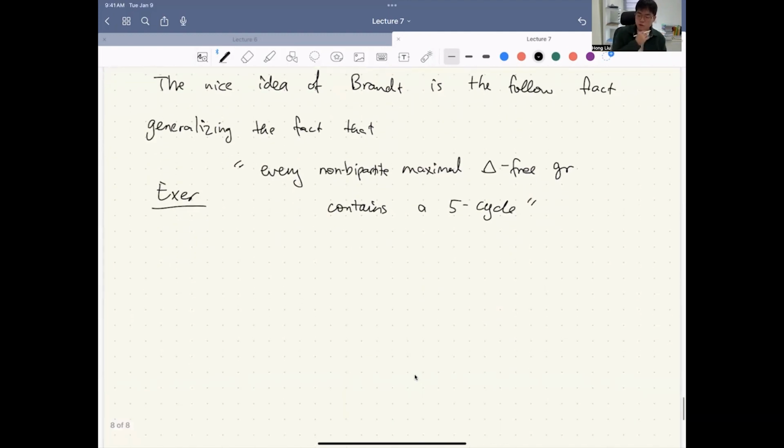So how do we generalize this? Brandt proved this lemma: for any G such that it's maximal K_R free for some R at least 3 and non R minus 1 partite.